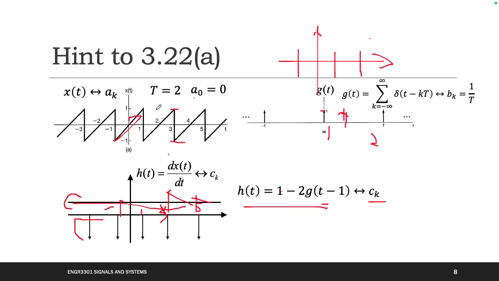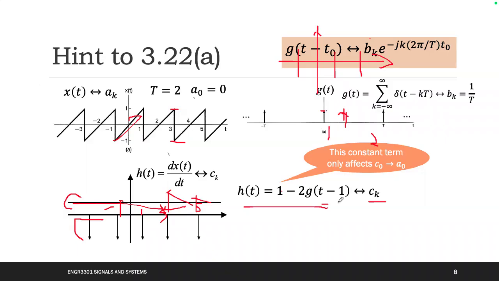It's just the opposite operation, am I right? So the constant term only affects c naught, because it will not affect the other terms. So we know g(t - t naught) equals this one, because of what property?